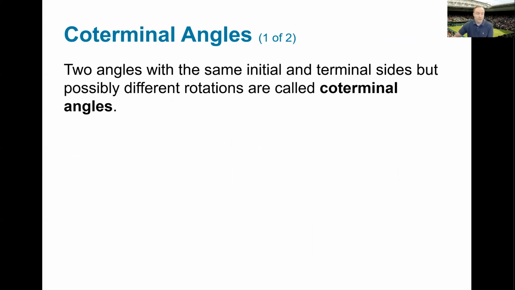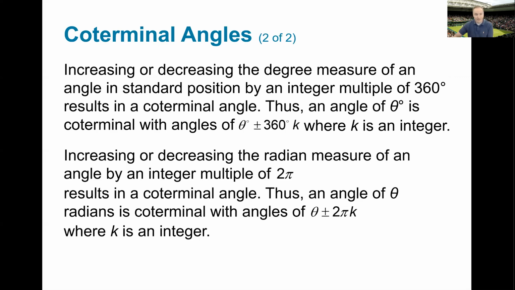Now, for the coterminal angles here, this is where I was talking about how 5 pi over 4 and 13 pi over 4 are coterminal because they have the exact same ending side. Any angles that have the same initial side, which all standard angles will have the positive x-axis as the initial side, but if the angle still has the same terminal side, regardless of the size of that angle, it's called a coterminal angle if it has the same terminating side.